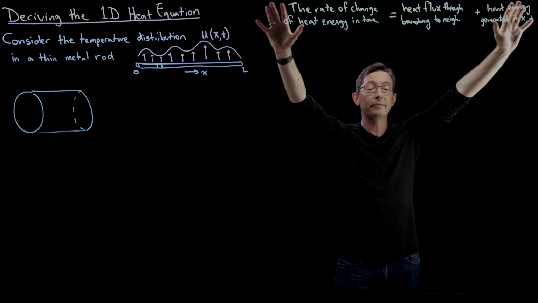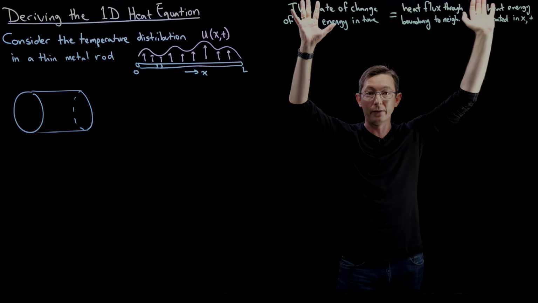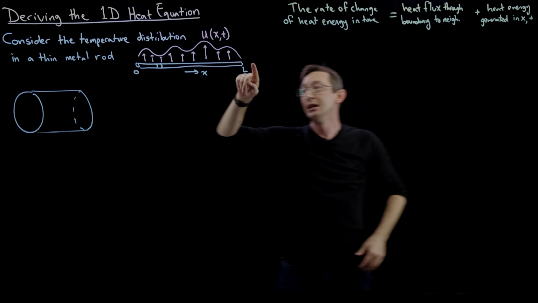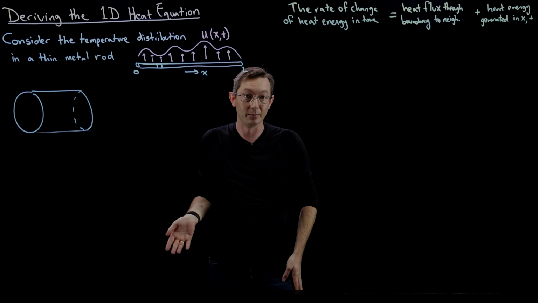And so this is just a very, very general statement of the conservation of thermal energy. This is basically always true. Even for exotic materials, this is going to be true.